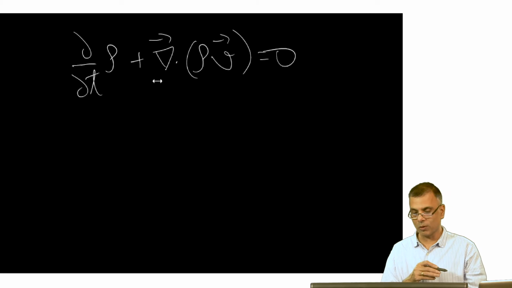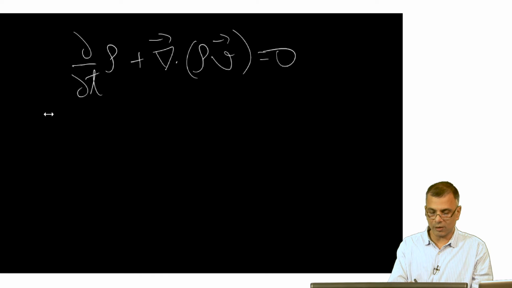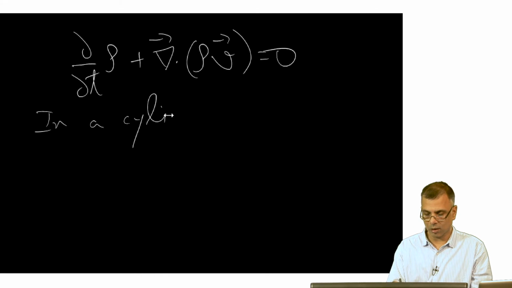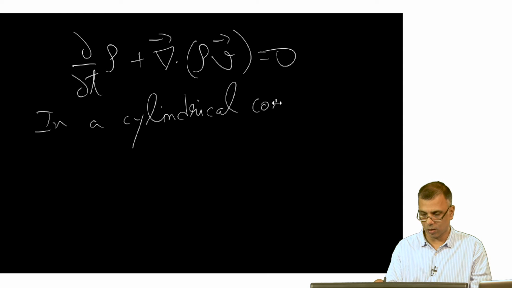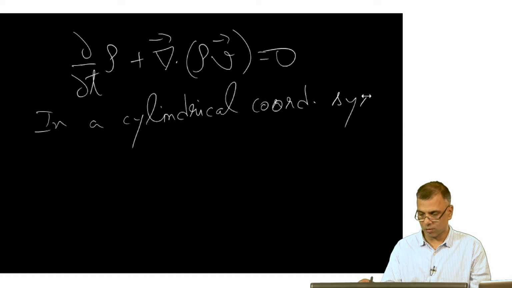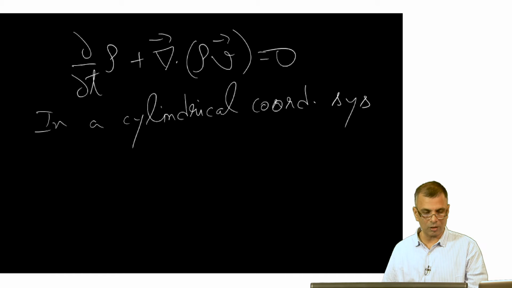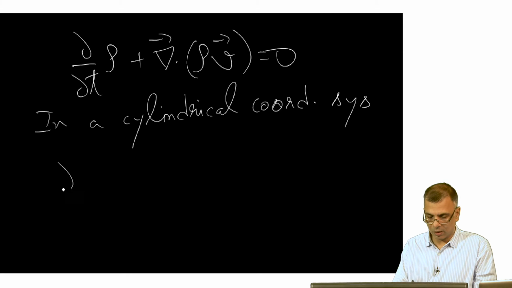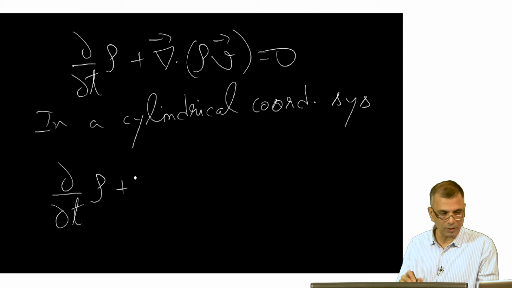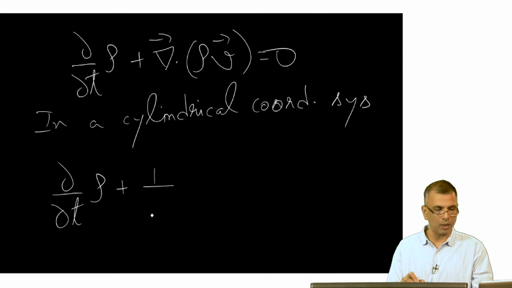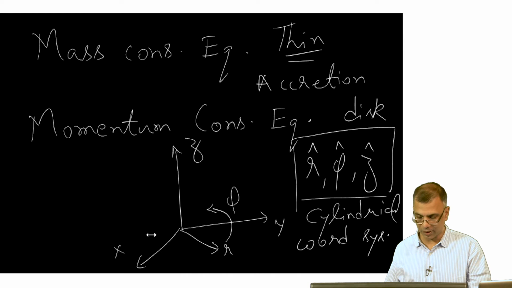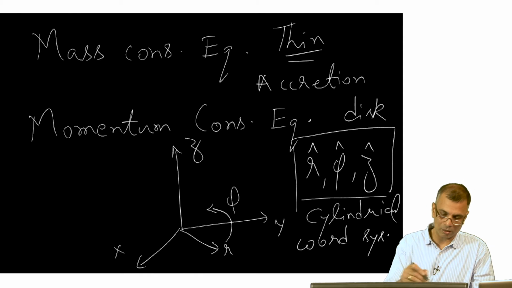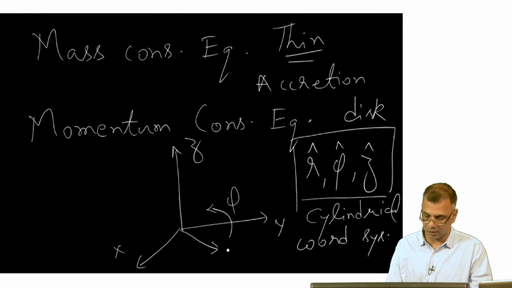For a cylindrical coordinate system which looks like this, this essentially would look like d over dt plus 1 over, and now I will be writing capital R. Maybe I should erase this here and write a capital R here just to be consistent.